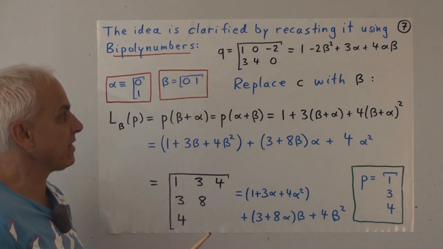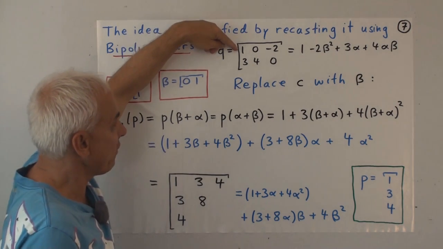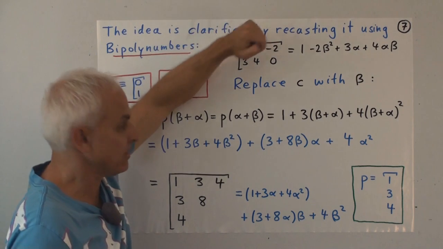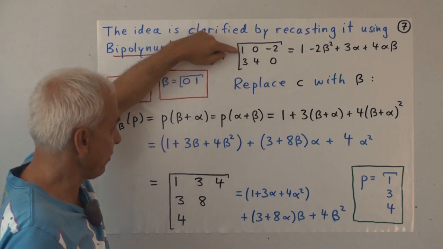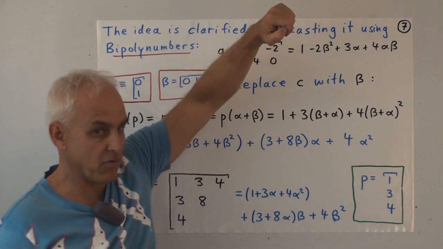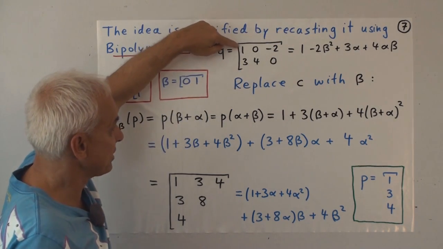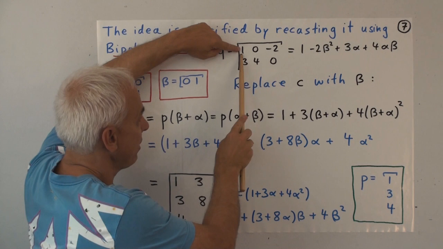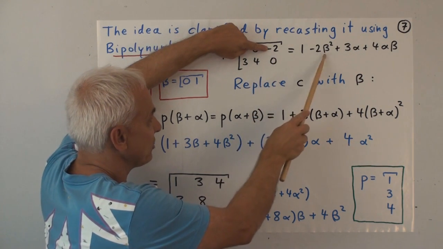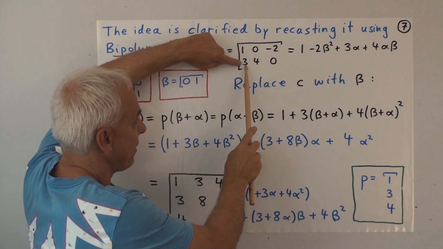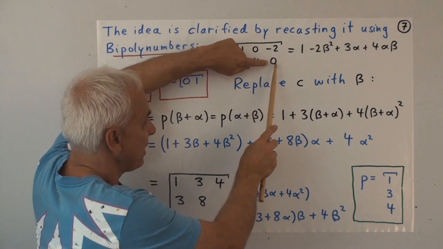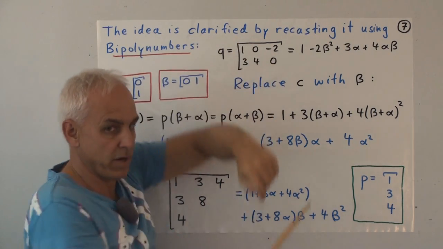And we think of that as being a combination of alphas, representing the rows, and betas representing the columns, with increasing powers of alpha going down and increasing powers of beta going across. So this can be rewritten as 1 plus 0 beta minus 2 beta squared, and then plus 3 alpha plus 4 alpha beta plus 0 alpha beta squared.